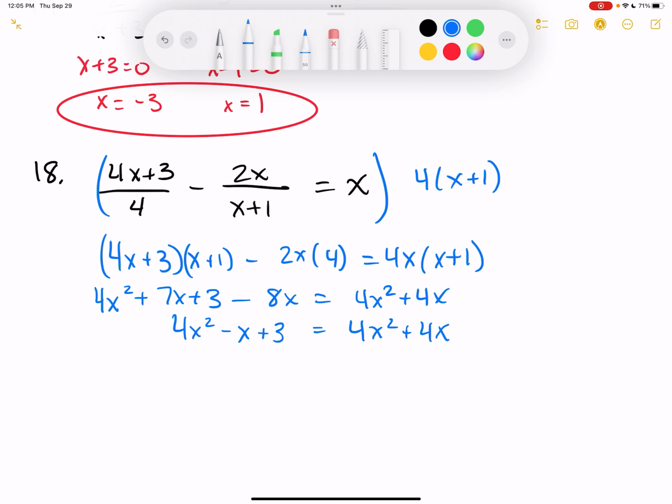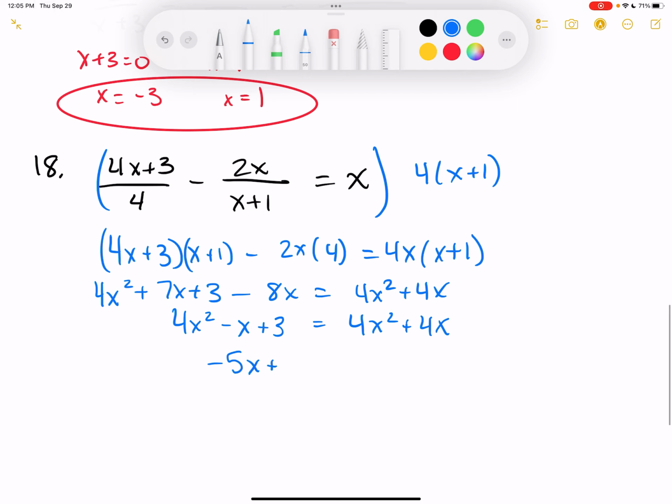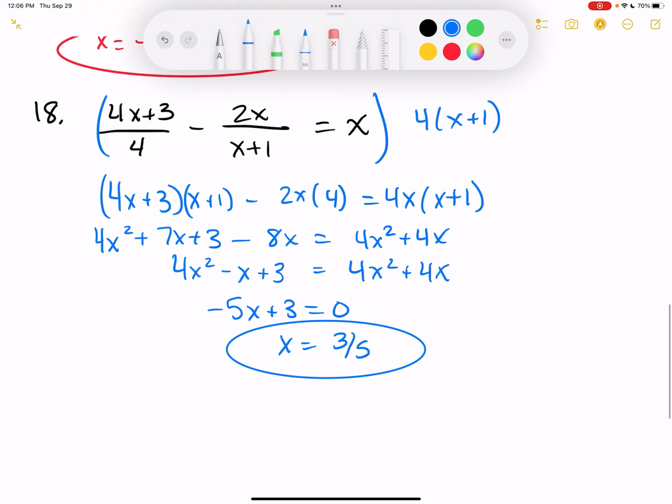Sorry, I was trying to see how they wanted you to write your answers. Wait a second. What the heck? Oh, son of a biscuit.